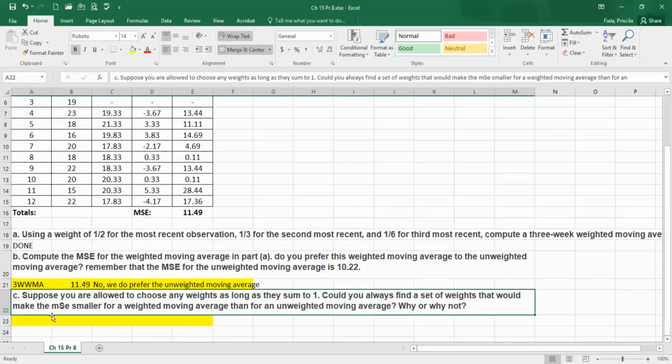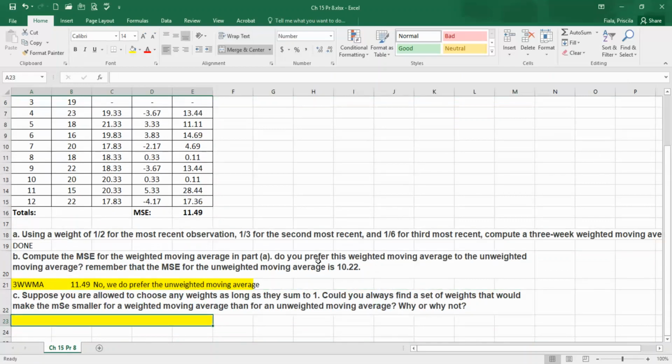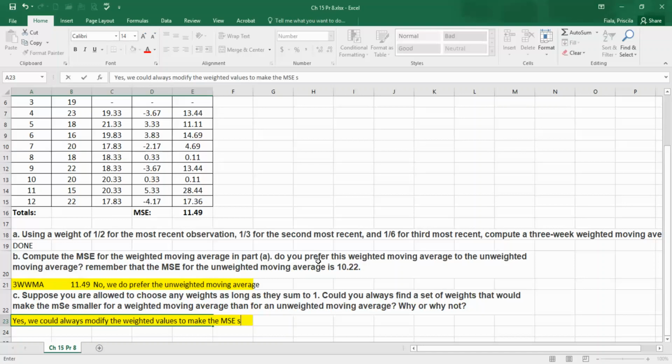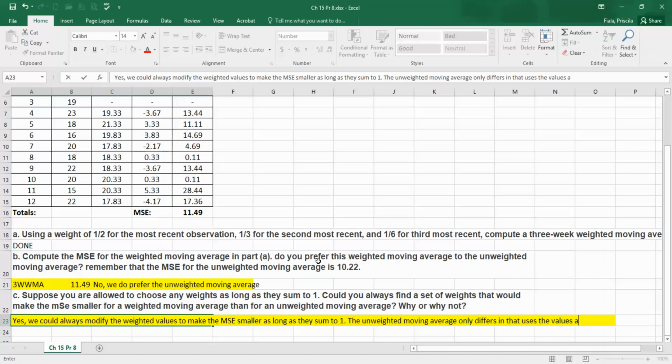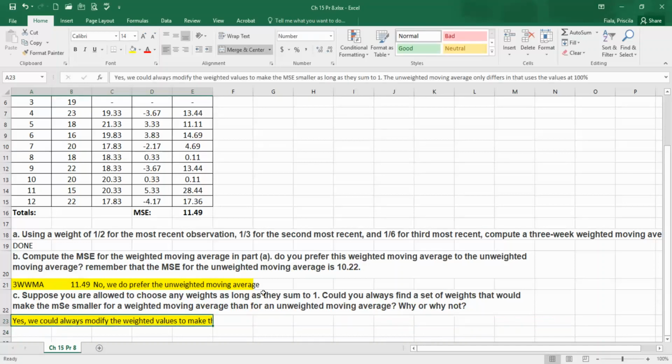Yes, we could always modify the weights to make the MSE smaller as long as they sum to 1. The unweighted moving average only differs in that it uses the values at 100%. And then you would be done with problem 8.